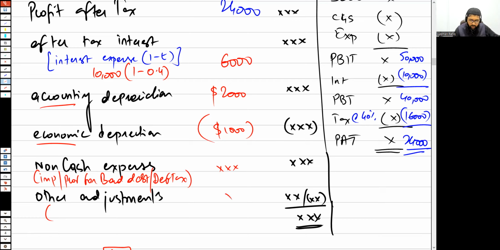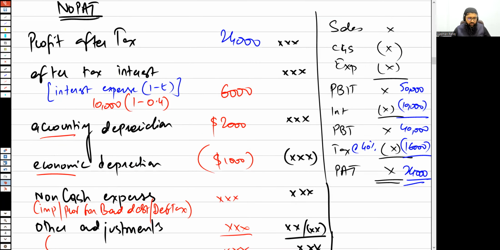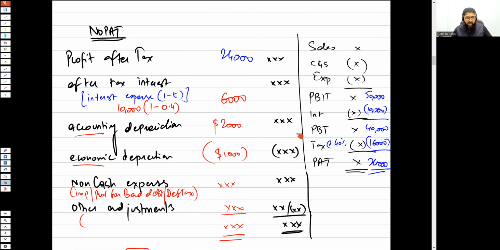You get my point? So whatever the marketing expense, and there are some other adjustments also, they are added back. And what do we end up getting? We end up getting the NOPAT. So this is how one of the aspects of the economic value added calculation, the NOPAT, is calculated.